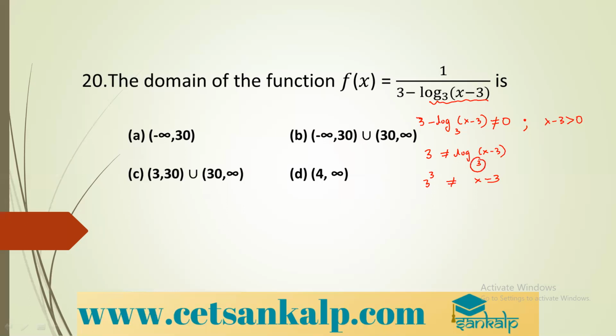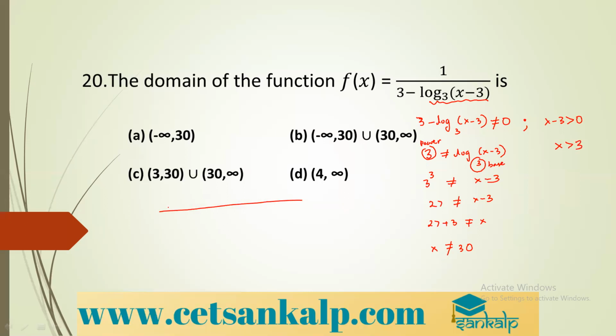This 3 will be the base and this 3 will be the power. 3 power 3, 27, should not be equal to x minus 3. 27 plus 3 should not be equal to x. X should not be equal to 30. That is one condition. The other condition is that x has to be greater than 3.